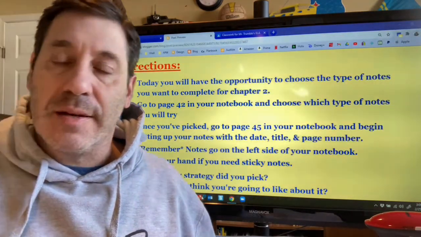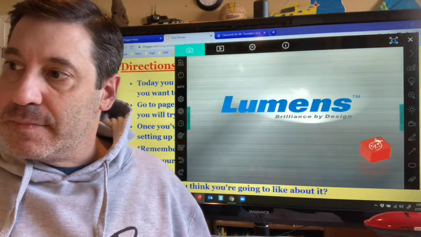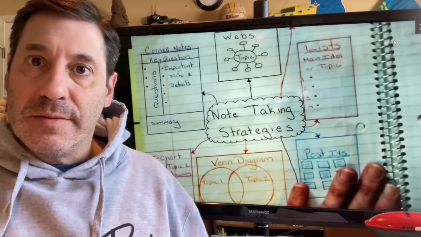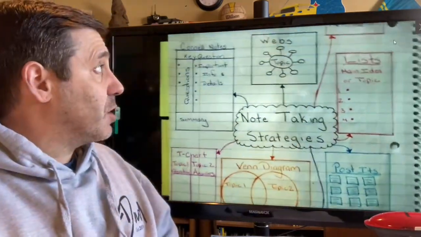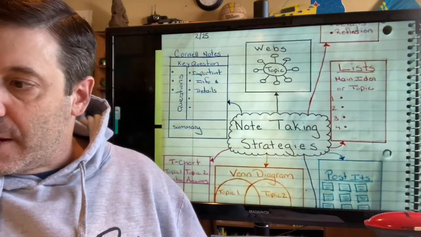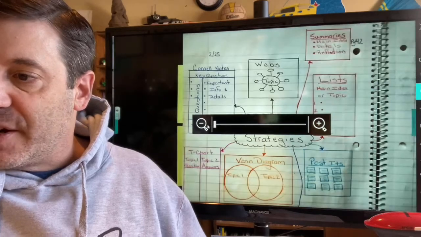Let's open up the document camera. All right, and right here you can see I have to go to my note-taking strategies page. And I'm going to look around here and decide what note-taking strategy I want to try.